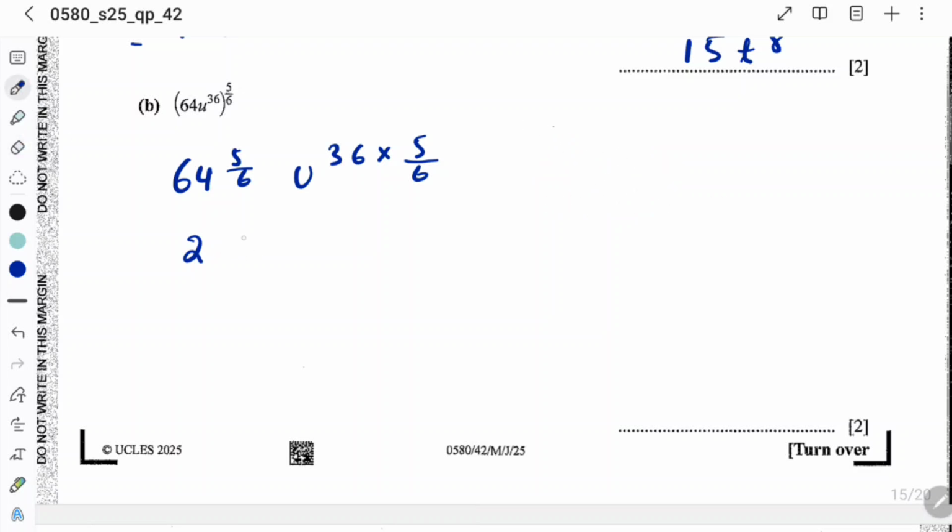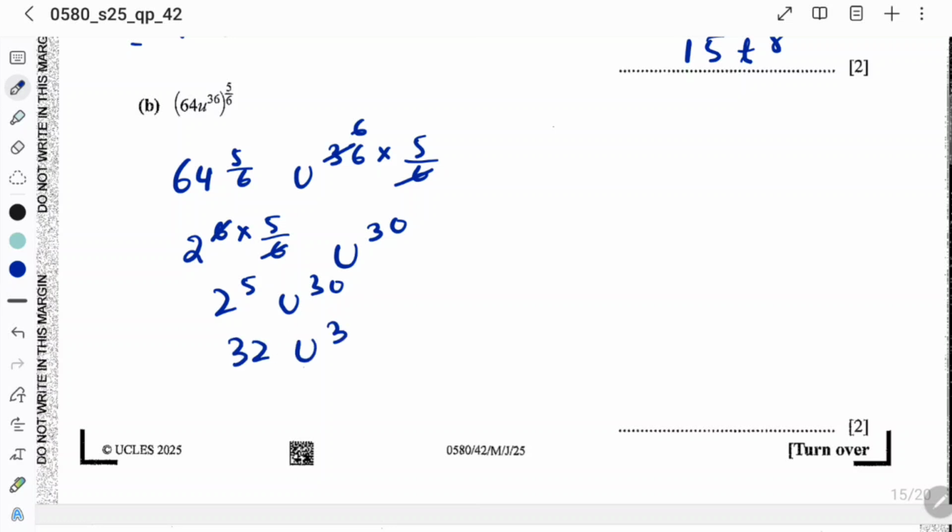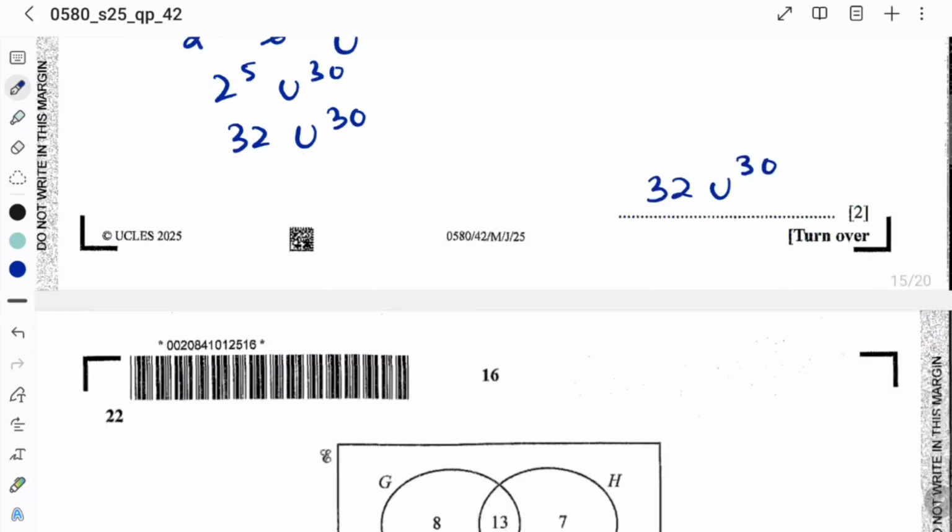So 2 to the power of 6 times 36 times 5 over 6. 6 times 5 is 30, the 6 cancels, 2 to the power 5 to the power 30, which is 32 to the power 30. Very easy question, 2 marks question.